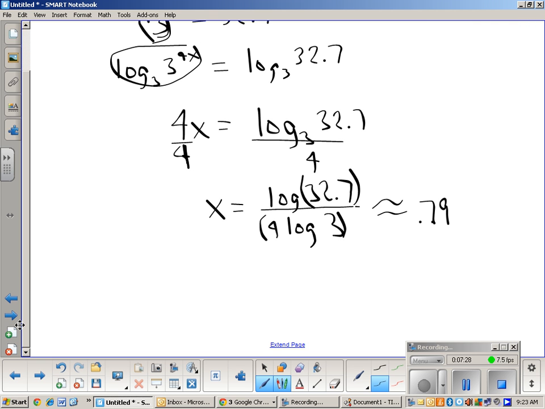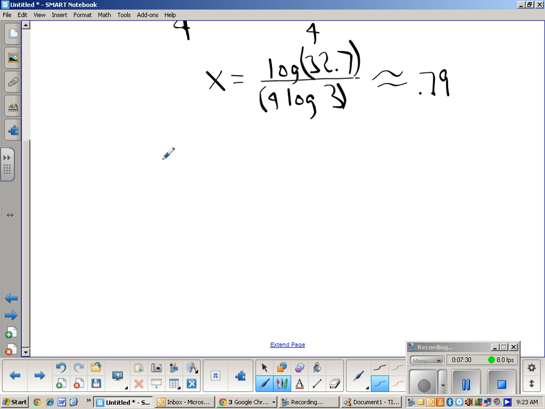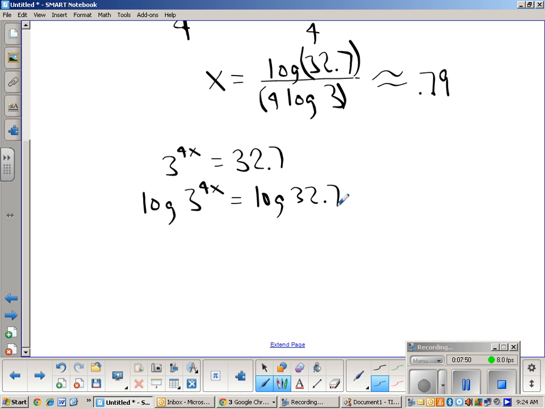Alright? If we took this same problem, 3 to the 4x equal to 32.7, and we just took the common log of both sides, we're going to apply the rule about the exponent, writing it out front.